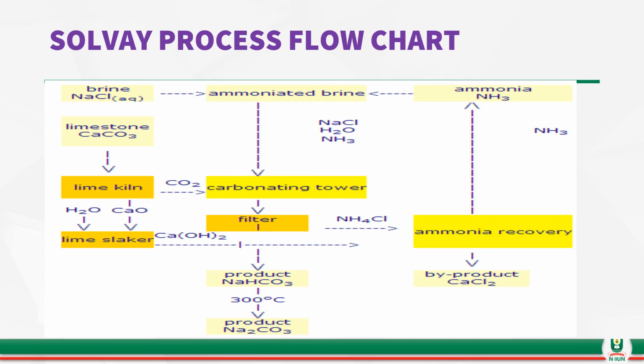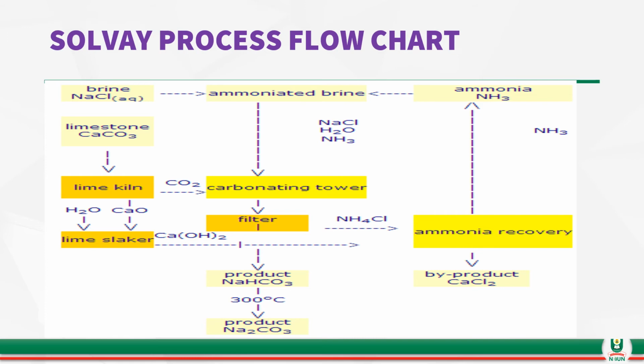But now we have ammoniated the brine. What then happens next? That is step 3, which is carbonation of the ammoniated brine. This usually happens in the carbonating tower, as you can see, or we call that carbonating tower the Solvay tower. So what happens here is this: carbon 4 oxide gas gets absorbed into the ammoniated brine. But where does the carbon 4 oxide come from?